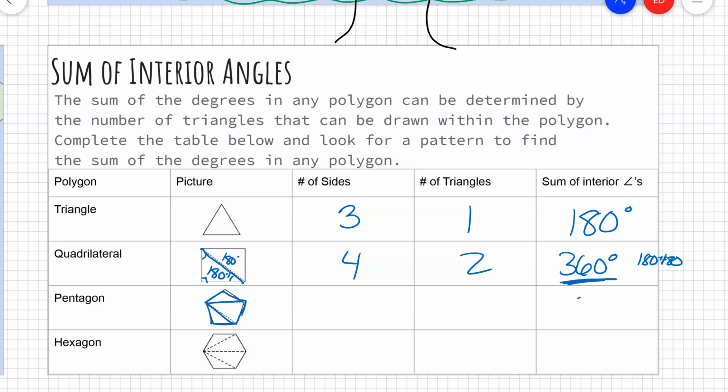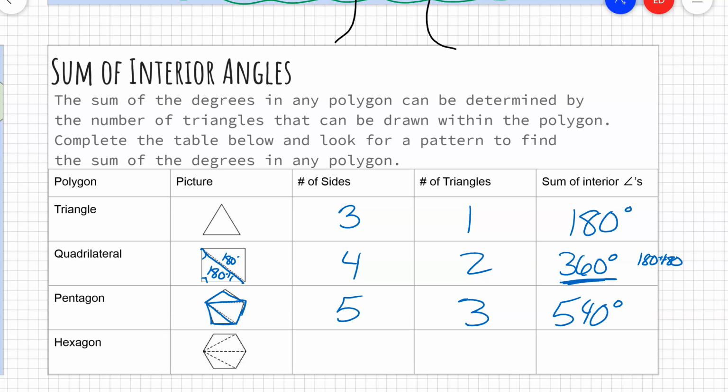If we take 180 and multiply it by 3, that would give us 540 degrees. Because there's 3 triangles and the number of sides is 5. All right, so I'm going to have you pause this, and I'm also going to go on to the next slide and fill out that information.